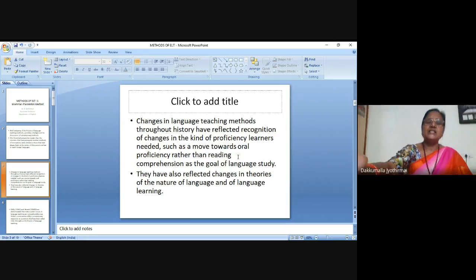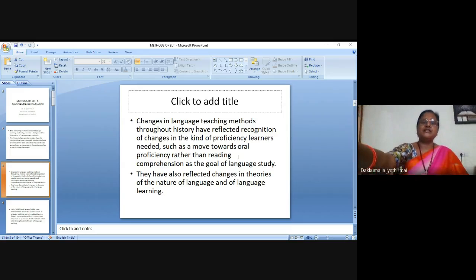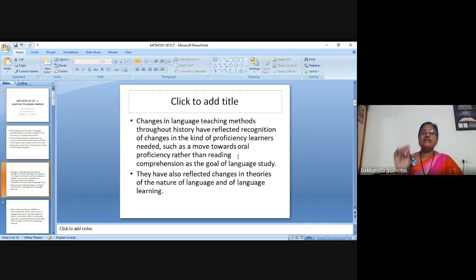Changes in language teaching methods throughout history have reflected recognition of changes in the kind of proficiency learners needed. When you are learning a language, what do you need? Is it only to read that you learn a language, or is it only to write? No, we always need the four skills, LSRW.